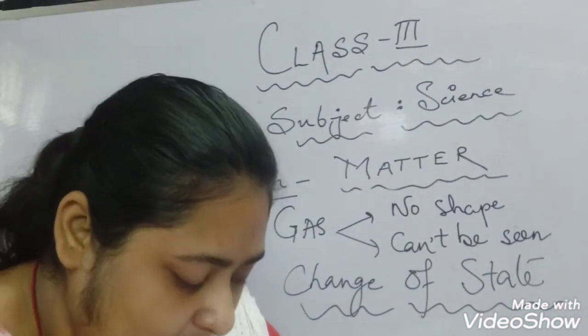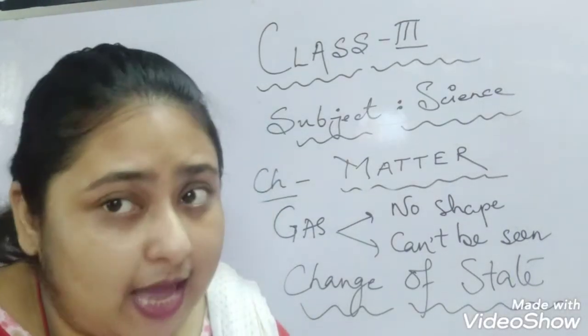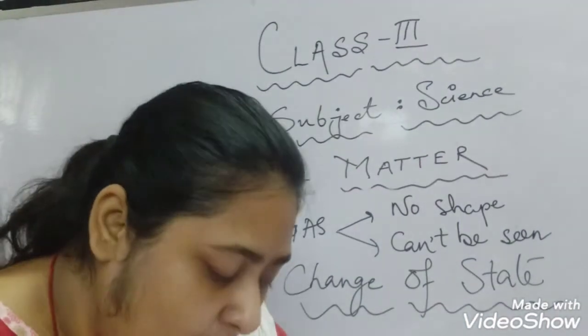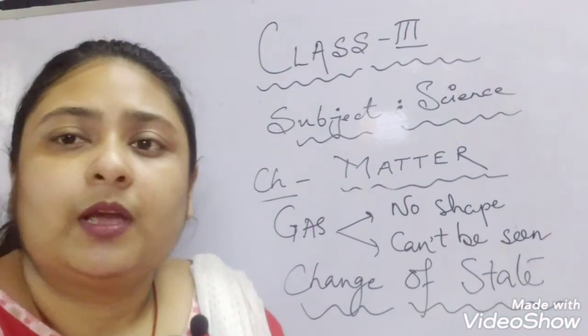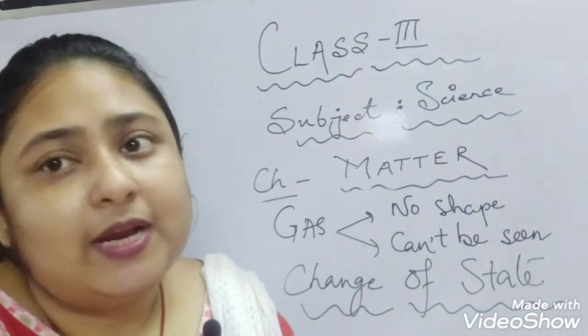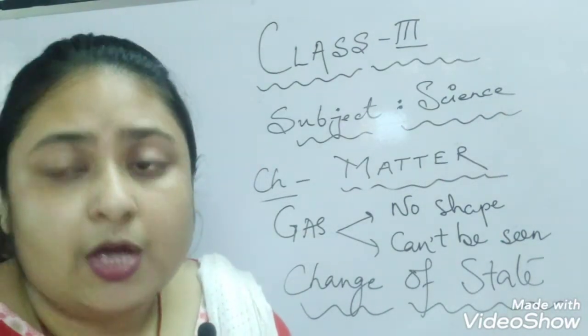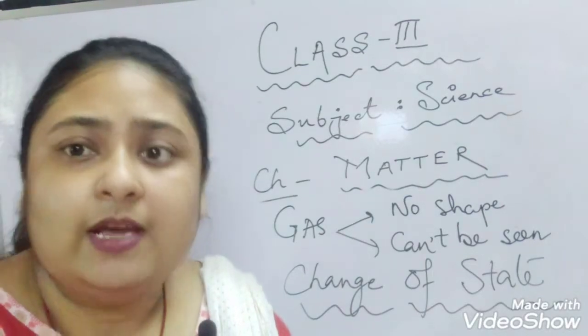For example, water exists as solid, liquid and gas. We can change water from one form to another. Children, you can see a beautiful example which is present in our environment, which shows the change of matter very clearly.